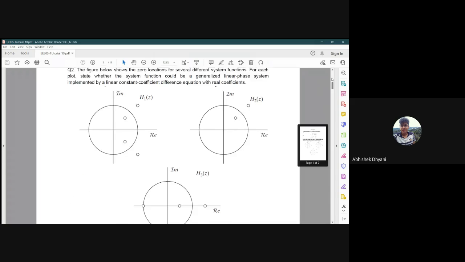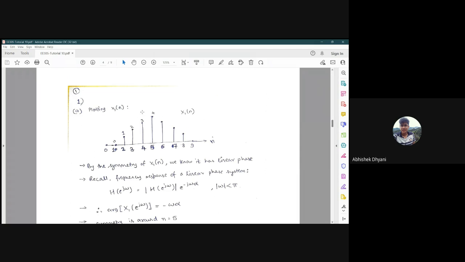When we plot this, we get something like this. The reason to plot this sequence is to see where it is symmetric, because we know by symmetry that it will be a linear phase. When the impulse response is symmetric, then it is a linear phase system.